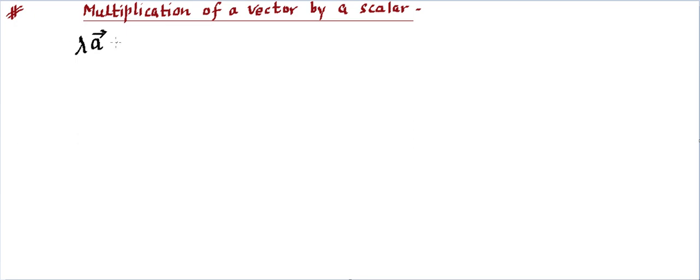So this is going to be a vector quantity. That means when a vector is multiplied by a scalar, the overall quantity is a vector. Since it is a vector quantity, it will have its own direction and its own magnitude.